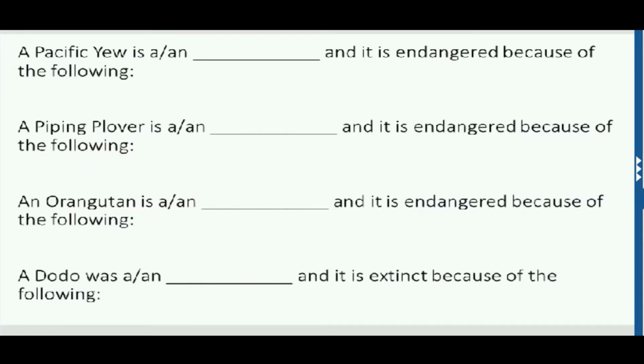Okay, here we go. A Pacific yew is a tree. Specifically, it's a conifer tree, and it is endangered because it's used to make a drug for breast and lung cancer.